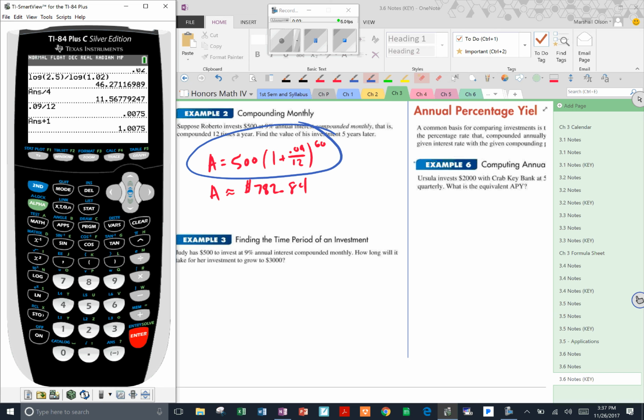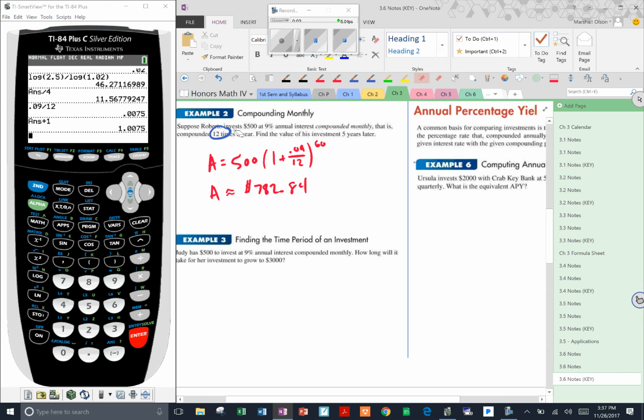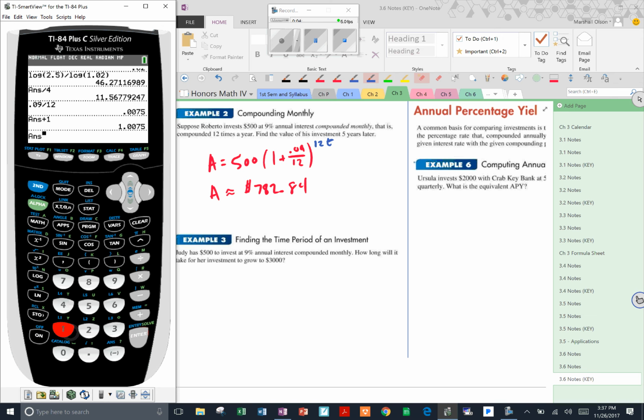If we were to just take this to the 12th right now and compensate for that 12 times per year, and leave this as to the 12T, that would be what this would be as a rate if we were compounding it annually.